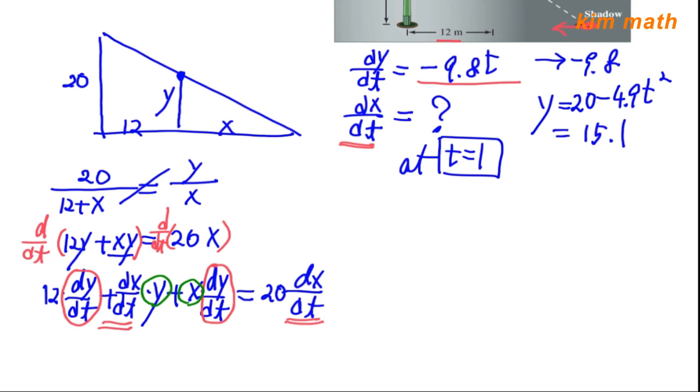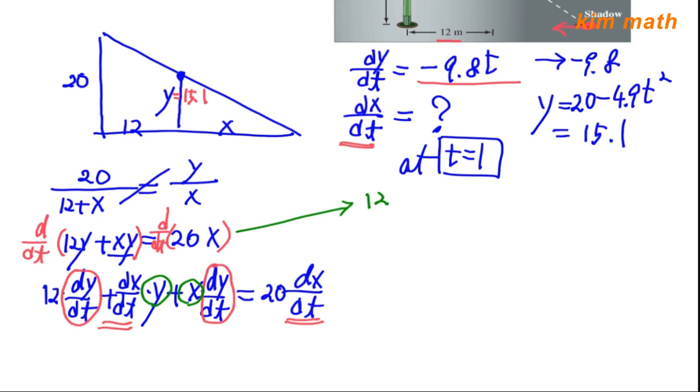So if I label this picture, the y value is 15.1. Okay, at that time, what is x? We need to find the value of x. I will use this one.